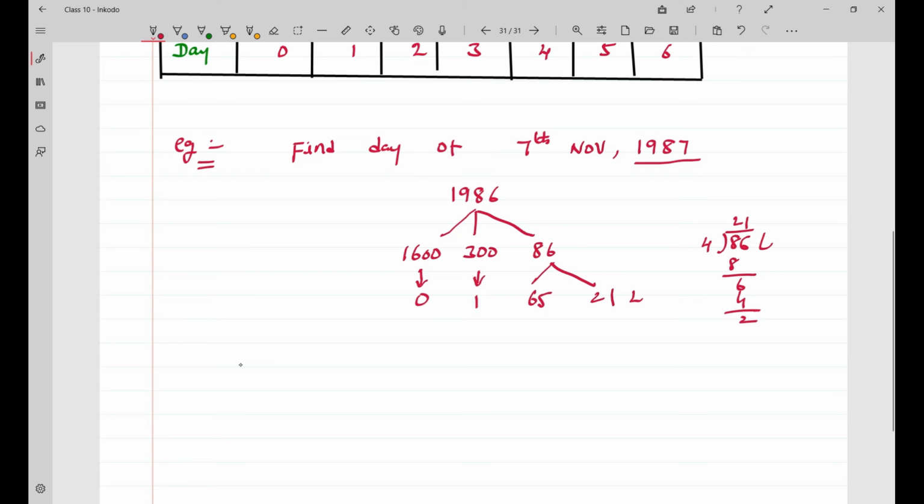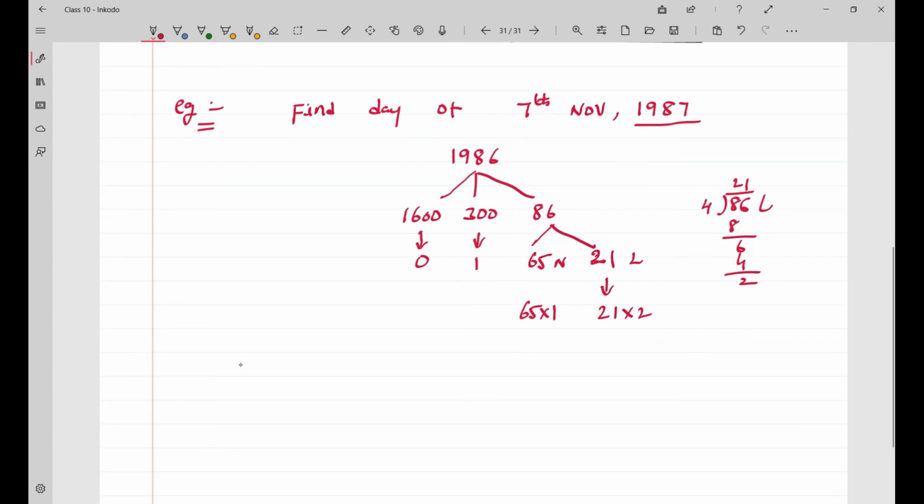In 86 years, there are 21 leap years and 65 normal years. As we know, in a leap year there are 2 odd days, so 21 should be multiplied by 2, and there is 1 odd day in a normal year, so 65 should be multiplied by 1.